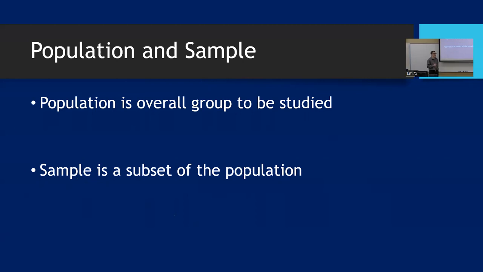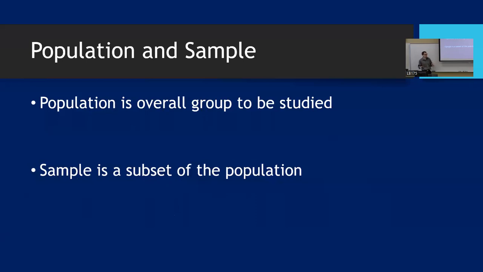If I am a medical researcher and I'm doing a study on some new cancer treatment, I might have 20 people that I give this new cancer treatment to. Those 20 people are the sample. However, I'm using those 20 people to study a larger population of everyone with cancer.